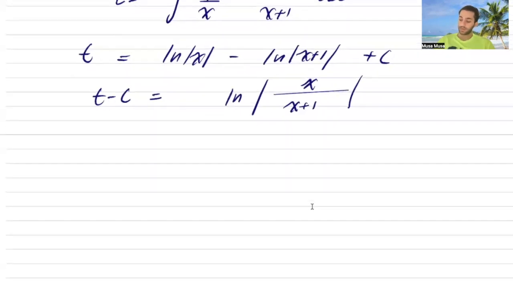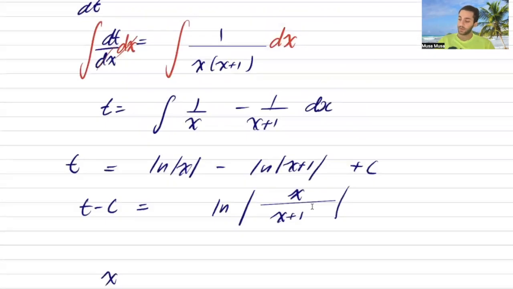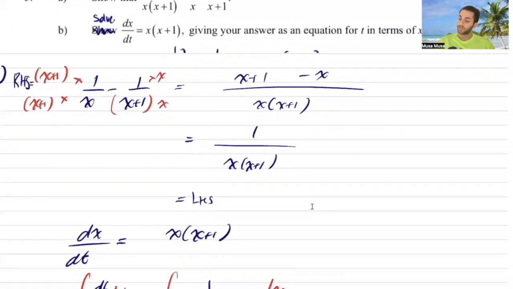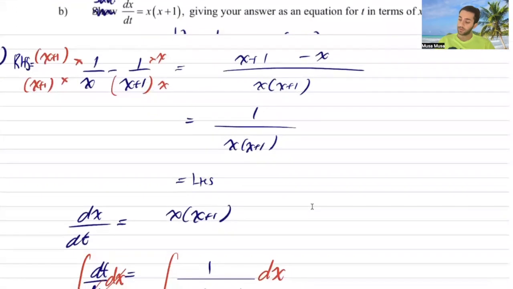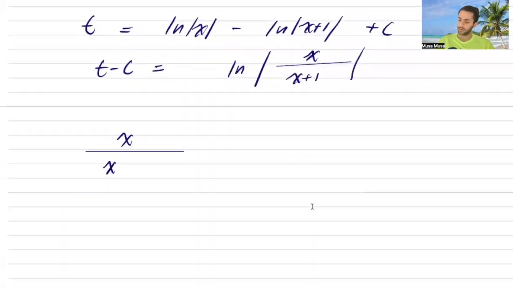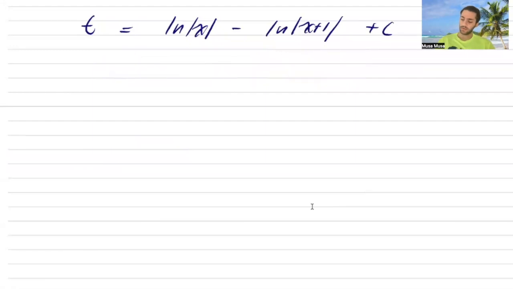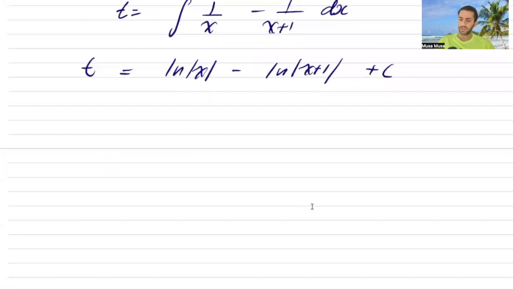And let's put this into exponential form. For t in terms of x. Okay, I guess we did it.